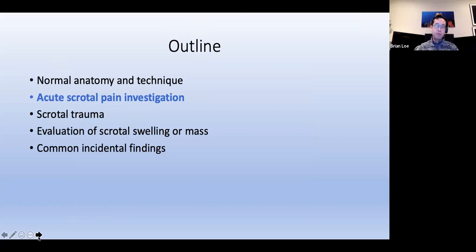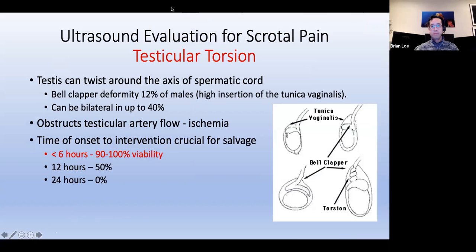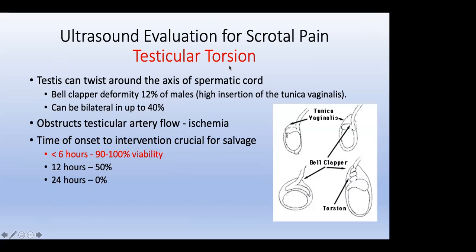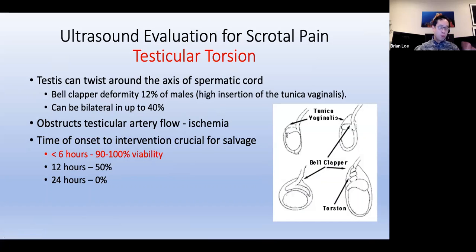Okay, so we'll move on and talk about the investigation of acute scrotal pain. Why do we scan the testis? Well, what we're worried about, of course, in the setting of an unexplained testicular pain, is that one of the potential causes can be testicular torsion.